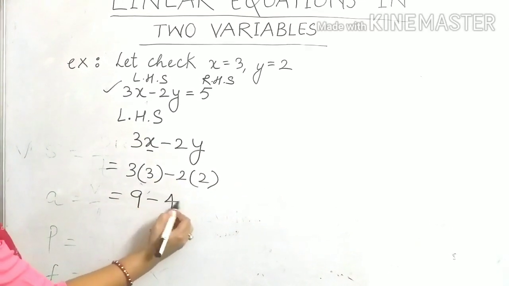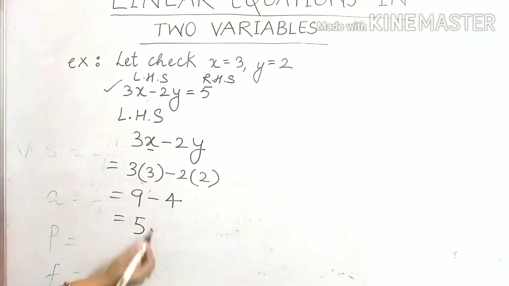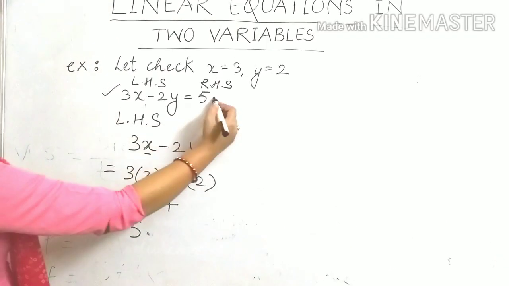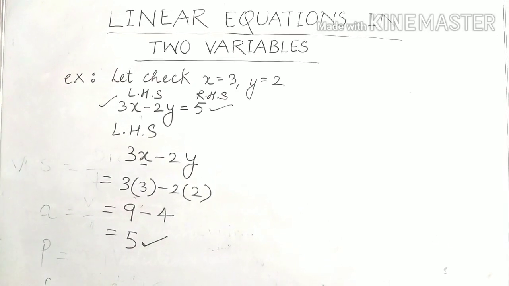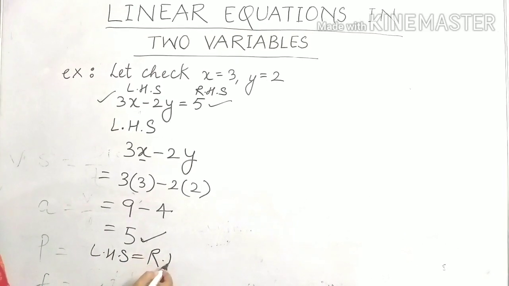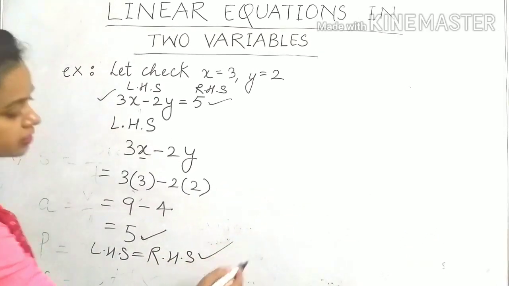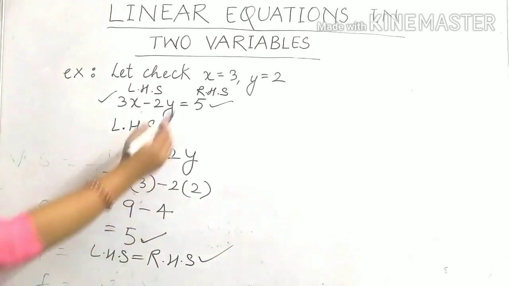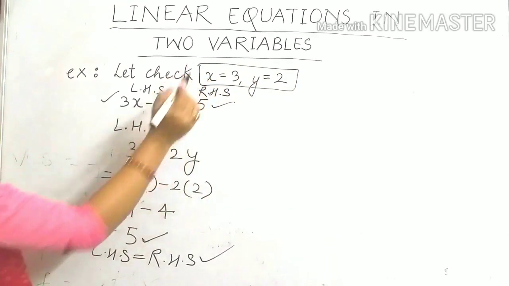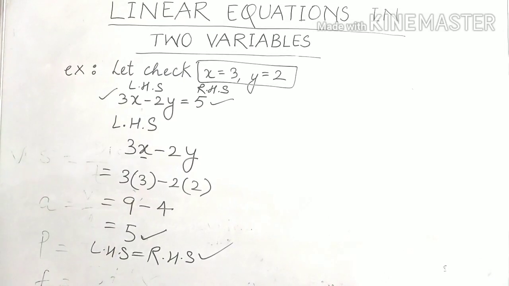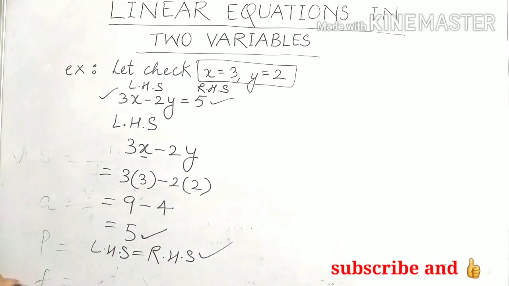Nine minus 4, which comes out to be 5. So you can see that the right hand side is also 5 and what we are left with is also 5. That means here LHS is equal to RHS. Hence it is proved that x equal to 3 and y equal to 2 is the solution of this equation. Hence proved.